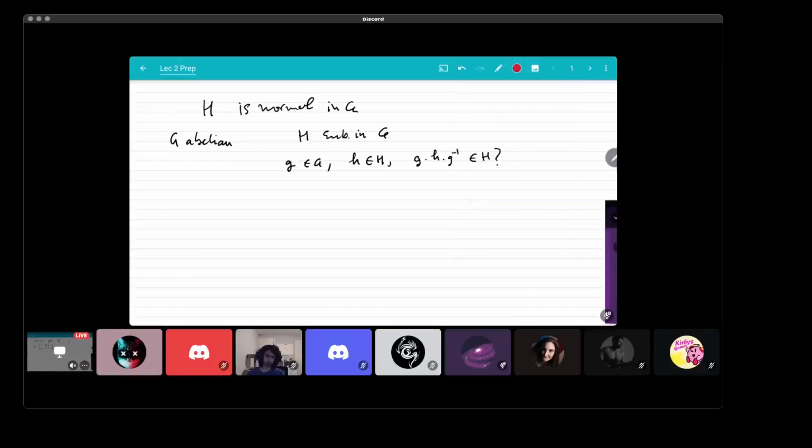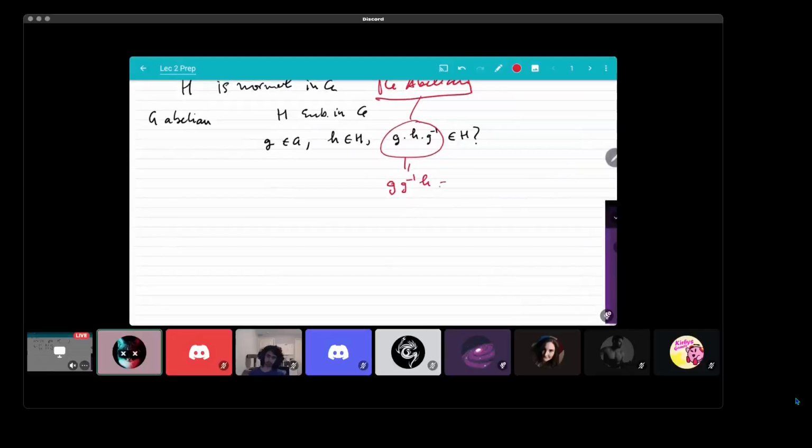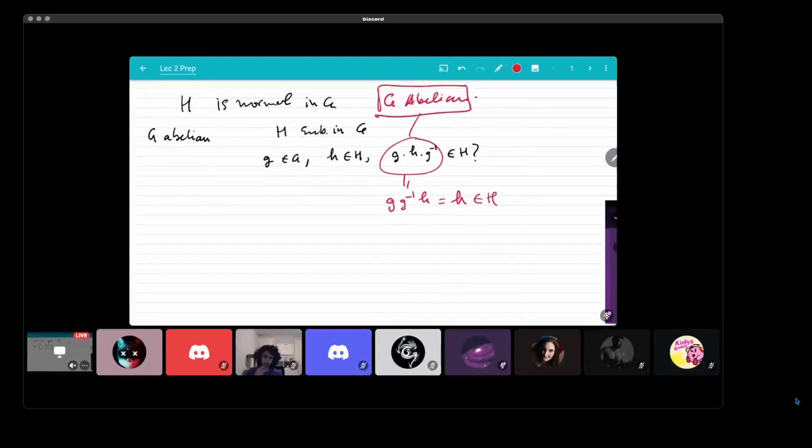If G is abelian, this is equal to h, since you can swap places however we want. So it is in H. So in an abelian group, this is a general property: any subgroup is normal.